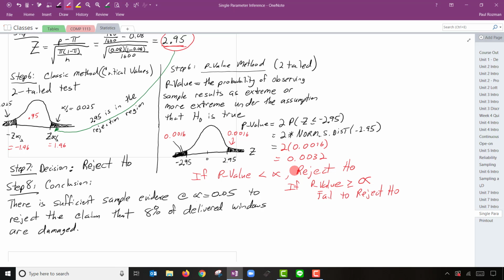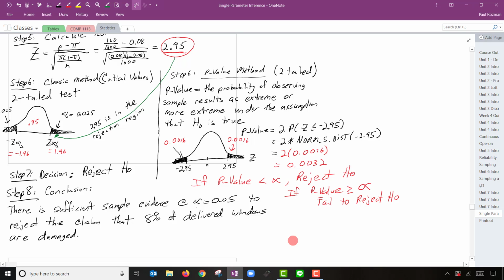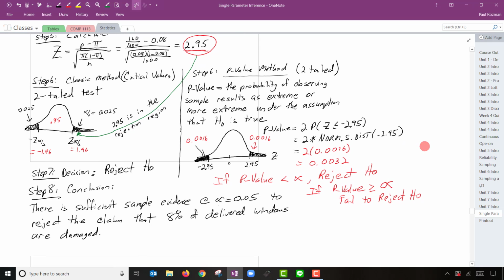Or I might say, conduct the following test using the p-value method. So you will need to know both. And that's it. That's a hypothesis test. It took us a while to do just one of these. Hopefully they'll get faster because I won't be blabbing as much as we go through them.